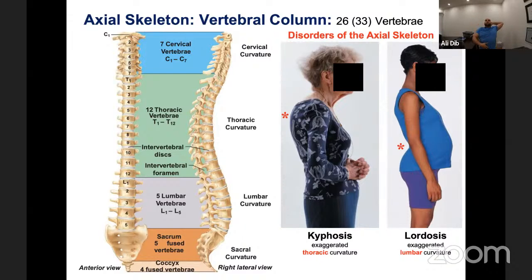If they keep their tummy tucked, that takes the pressure off of their lumbar spine, keeps it neutral, and puts all the pressure through their thoracic spine. This actually feels pretty good right now because I've been in a kyphotic posture for almost 40 minutes now. So doing things like this, repping it out, can help curtail kyphosis.